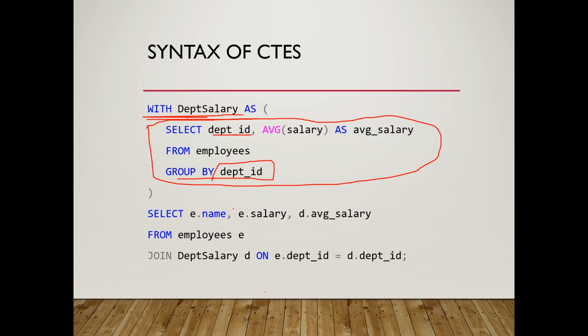All this happens within a single query. No need for messy subqueries here. So here we have joined employees and department salary based on the department ID, and we retrieve our data.